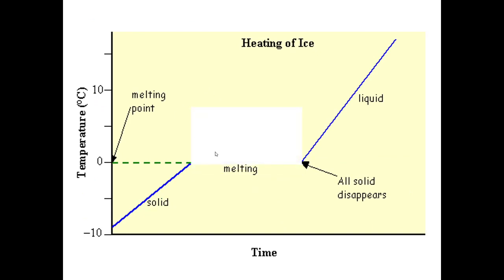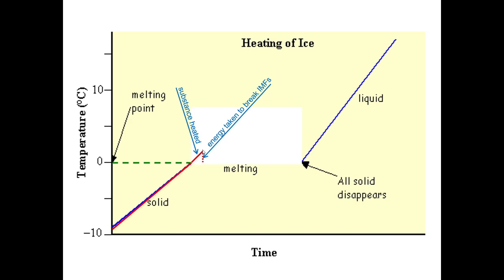Looking at it a little closer, what actually happens is that it's not completely flat. If you were to zoom in to the microscopic level, what you would actually see is temperature increasing, it hits 0 degrees, starts melting, and goes a little bit over 0 degrees. Then that substance is heated up, and energy is taken to break those IMFs.